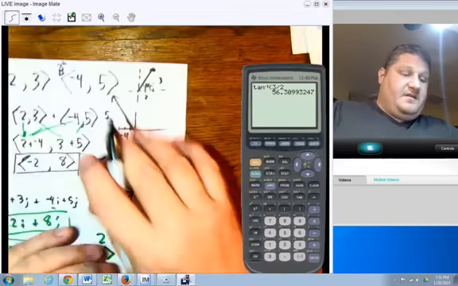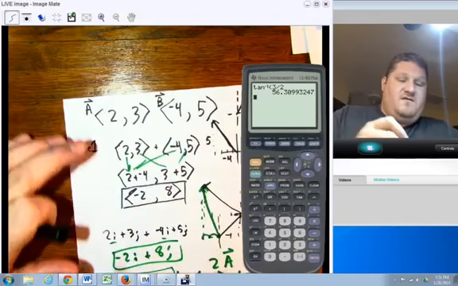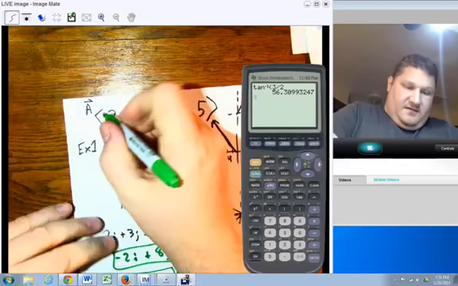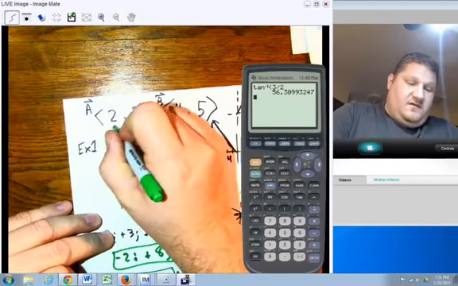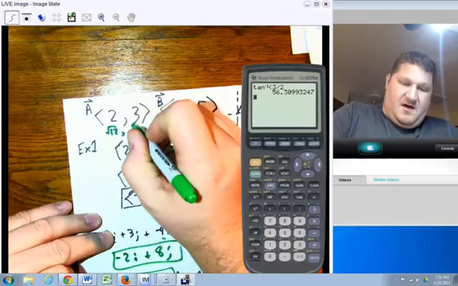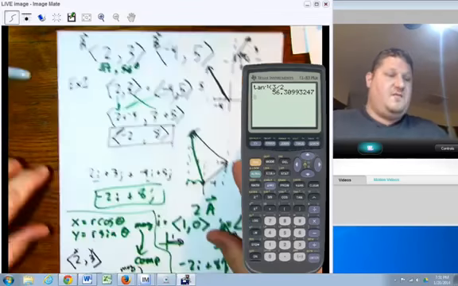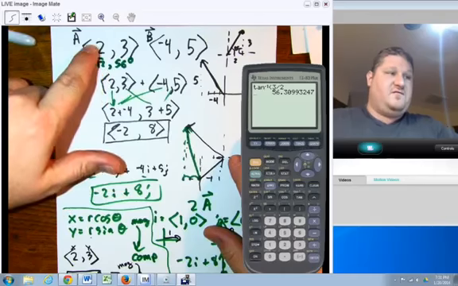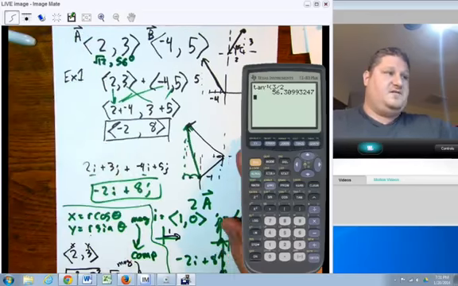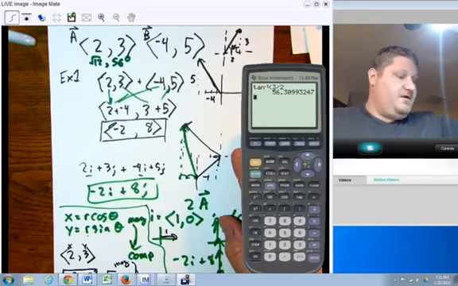So this vector up here, vector A, is square root of 13, comma, 56 degrees. So we can move from magnitude direction format to component, and from component back to magnitude direction. All very important pieces.